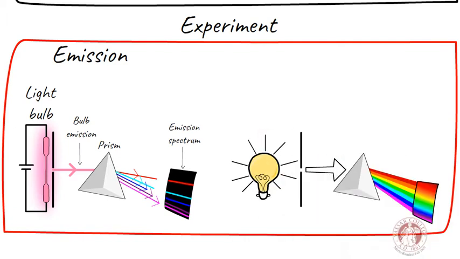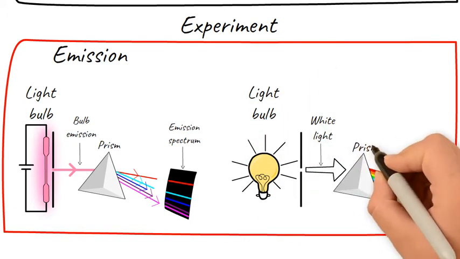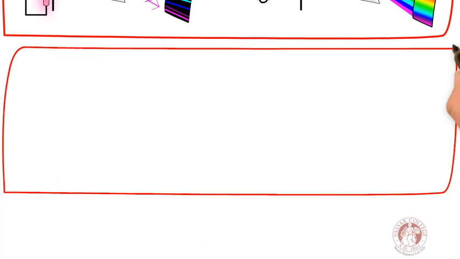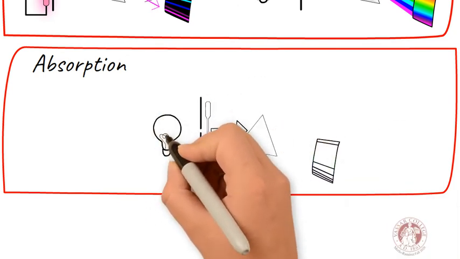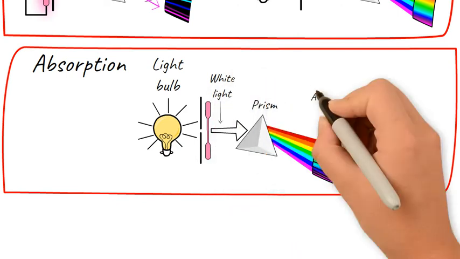A similar scheme was used to study the black body radiation. On the other hand, for the hydrogen absorption, a white light source was used to illuminate a low-pressure bulb. The prism and the screen or photographic plate were used as in the previous cases.